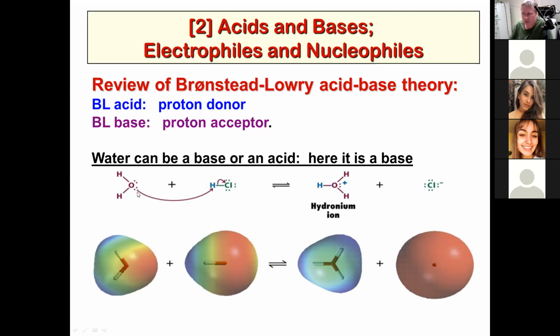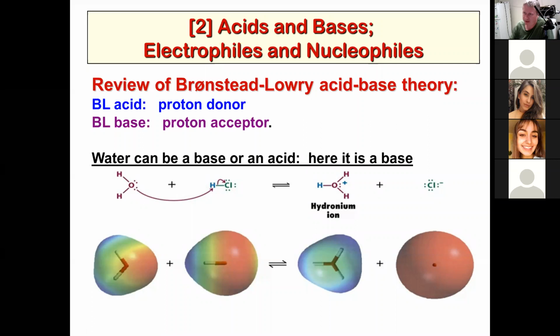So I would circle the lone pair, and there's 2 arrows. Arrow for the lone pair to grab the proton, and then the bond breaks and pushes electrons onto chloride. So this is your first chemical reaction of this course. And then that makes hydronium ion and Cl-. Okay? So this is water acting as a base.